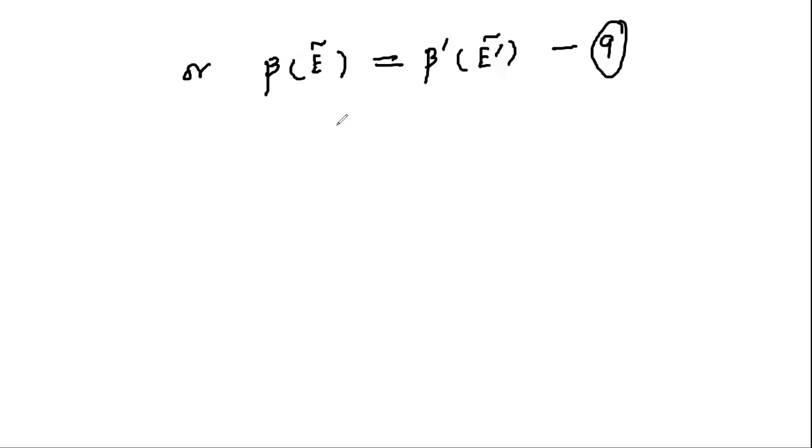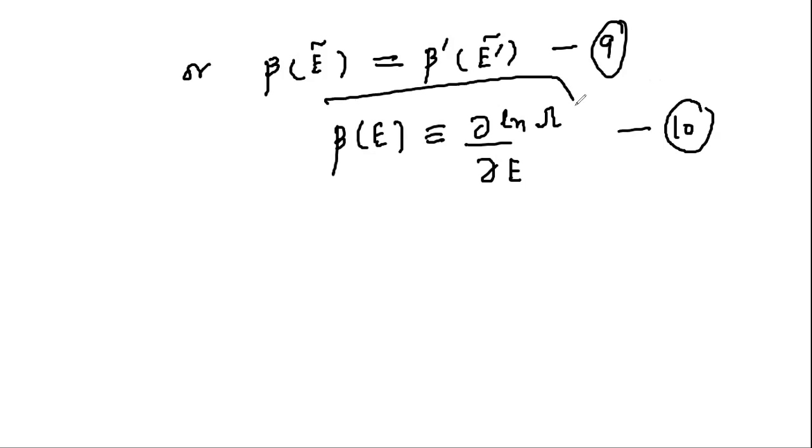And we have defined a parameter beta, which is a function of E, as the partial derivative of ln of sigma with E. I name it 10.